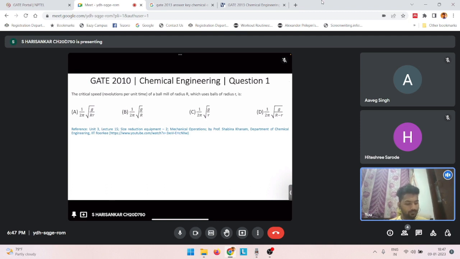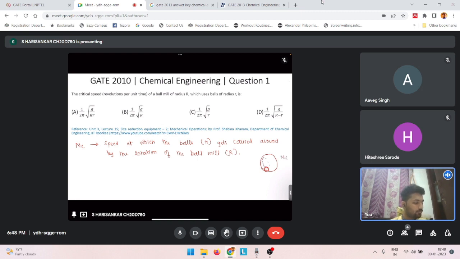By definition, critical radius, also represented as Nc, is the speed at which the balls of radius r get carried around by the rotation of the ball mill, which has a radius capital R. So if this is the cross section of the ball mill and this is our ball at critical speed, instead of going here and falling down, the ball will just keep rotating along with the ball mill.